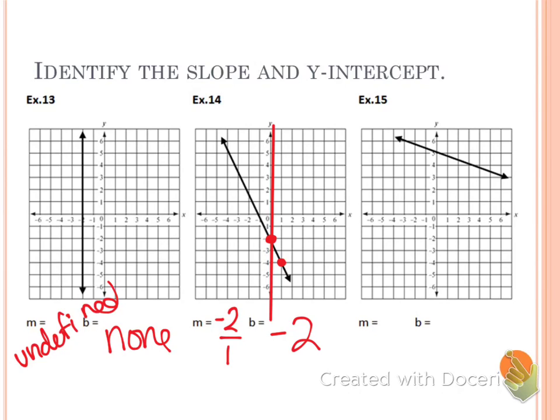Any volunteers to tell me my y-intercept on number 15? Yes, sir? 5, I would agree with that. Alright, and then in order to find our slope, we got to pick out a couple points. Using your y-intercept as one of the points is always a good idea if you know your y-intercept already.